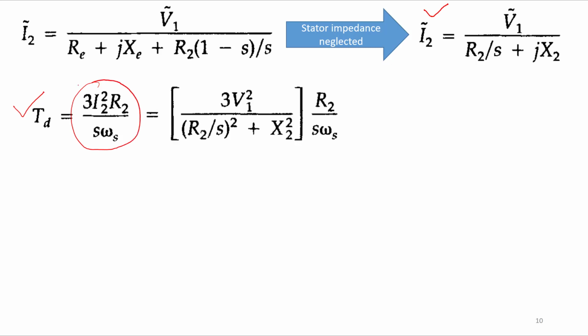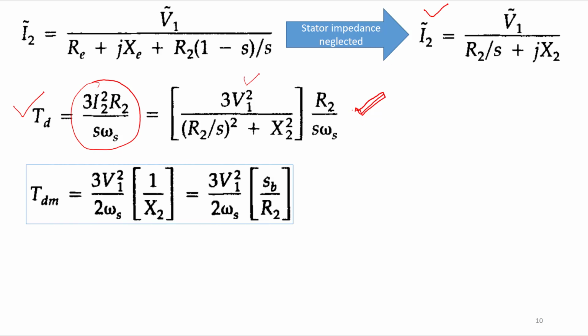If I substitute I2 here, I find 3V1 square by ((R2 by S) square plus X2 square) into R2 by S over omega s. So this is the general torque expression for any slip, under any slip condition, right?